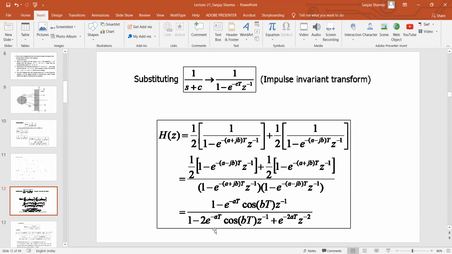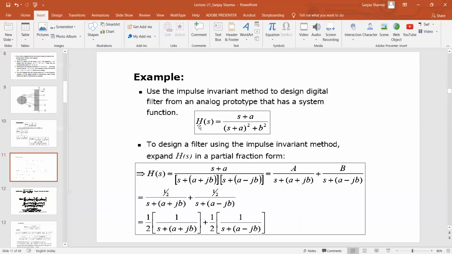So this is the digital equivalent of the IIR filter, which filter? This filter, (s plus a) whole square plus b square. So this is the way you will use the impulse invariant method to convert an analog filter to a digital filter.